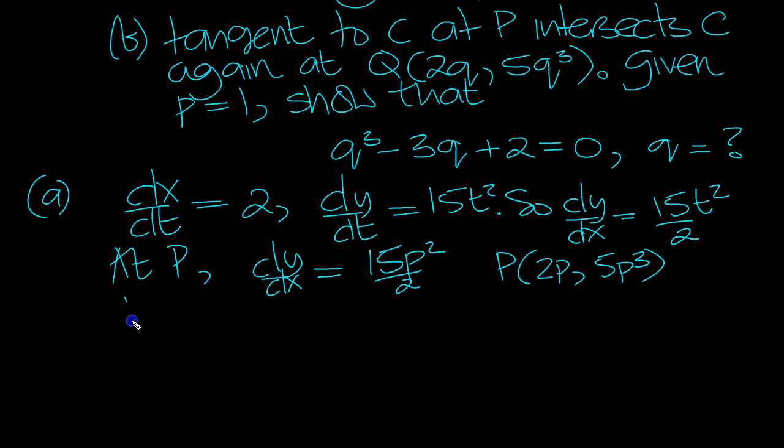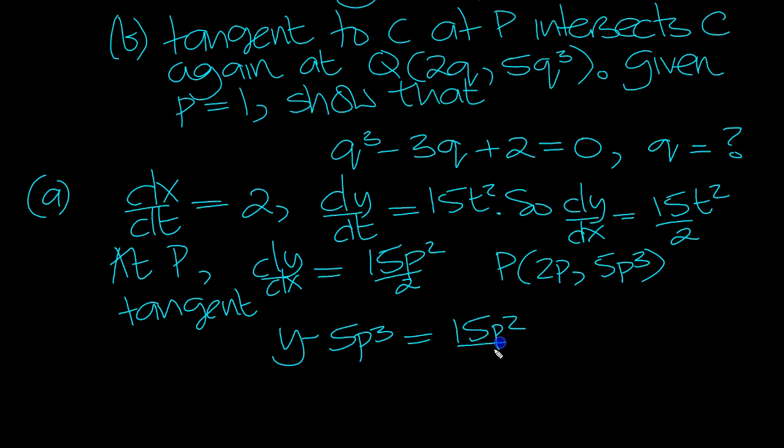So here, tangent: y minus 5p cubed then is equal to the gradient 15p squared over 2 times x minus the 2p point. There's the tangent at P, there's the gradient at P.